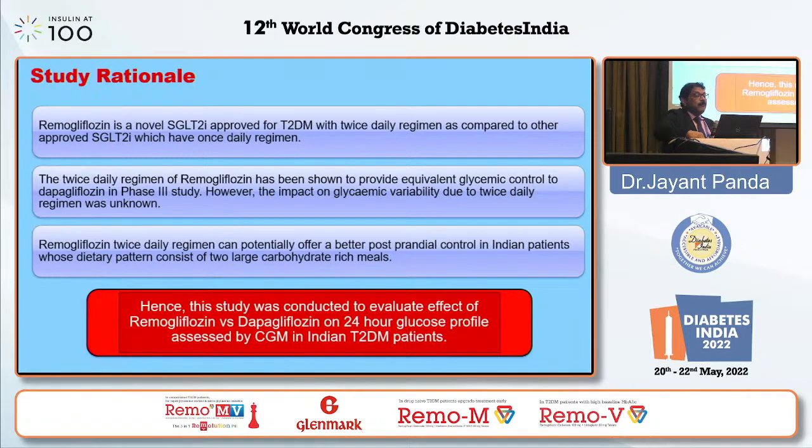In a nutshell, I am telling you about the study rationale: remogliflozin is twice daily, and dapagliflozin is once daily, and it has been compared in the phase 3 study of remogliflozin. But being twice daily, its effect on glycemic variability and also postprandial hyperglycemia was checked, and the study was conducted to evaluate the effect, compare with dapagliflozin, and also look at the adverse effects of the drug.